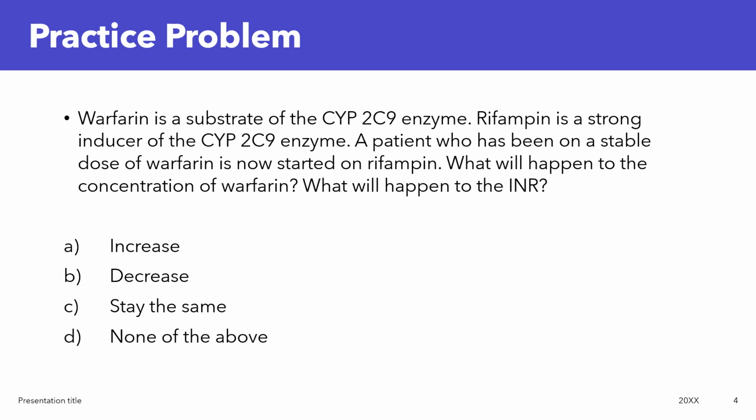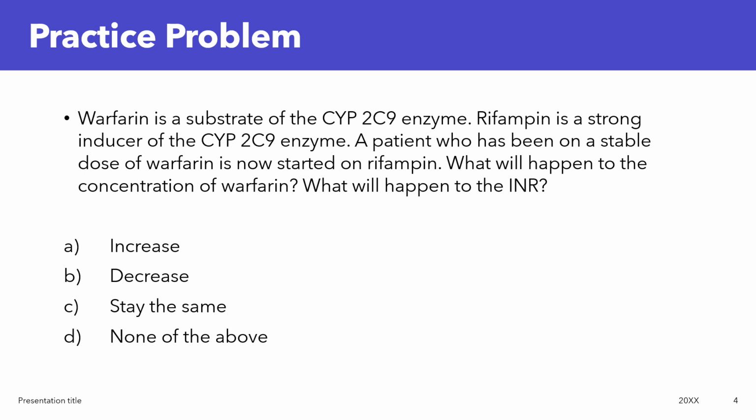So, this is the same idea. So remember, warfarin is a substrate of 2C9. Okay, so the patient is stable on warfarin. Now you're adding a 2C9 inducer. What is the interaction here?